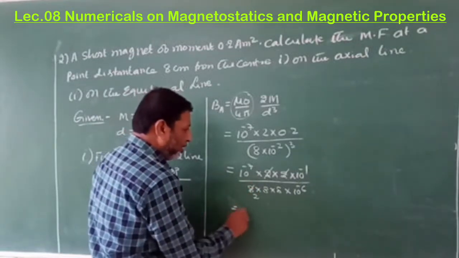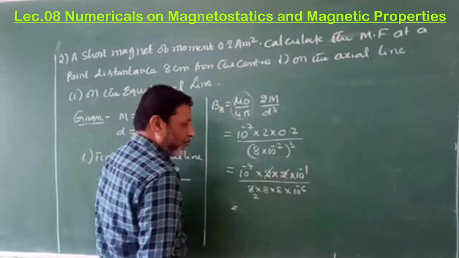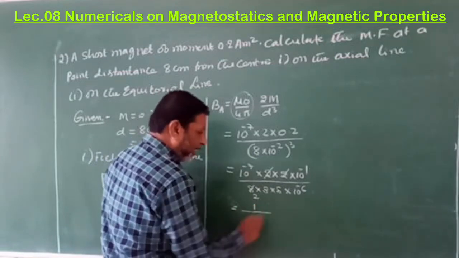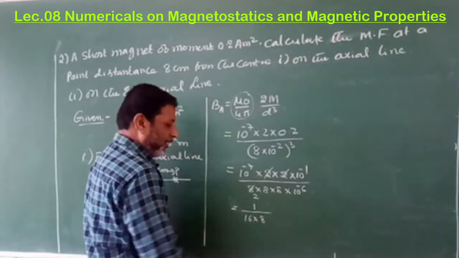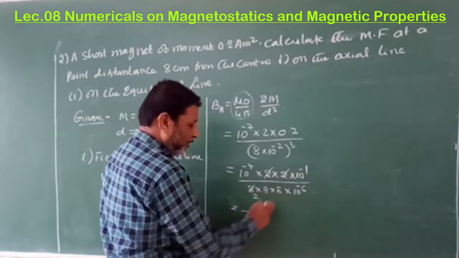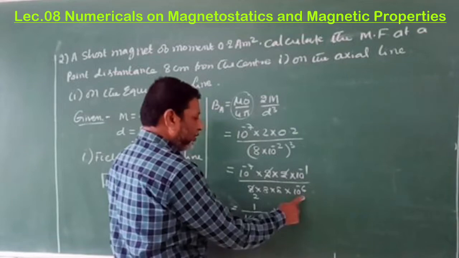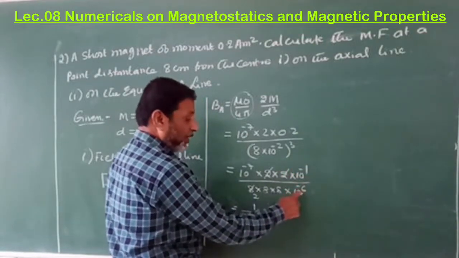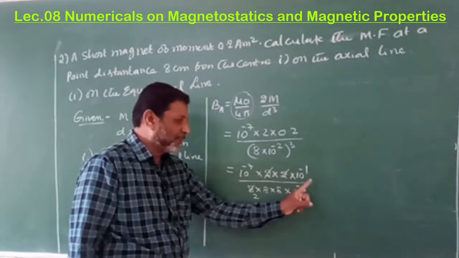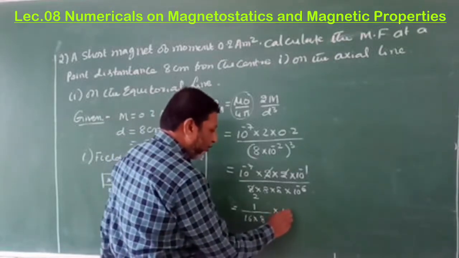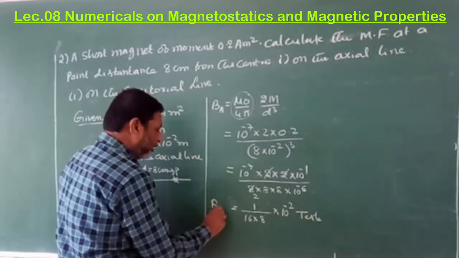Now you get minus 7 minus 1, 10 to the power of minus 8, or 1 divided by 16 into 8, isn't it? 2 into 8 is 16, into 8, and this value you take to the numerator. When you take it to the numerator, it becomes plus 6. Then plus 6 minus 8 is 10 to the power of minus 2 Tesla, unit. Now see, this is the field along the axial line.